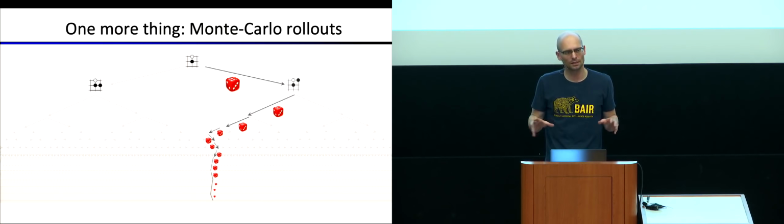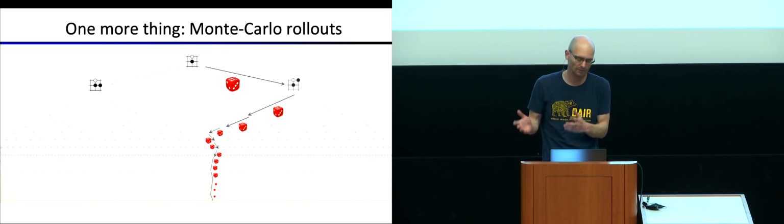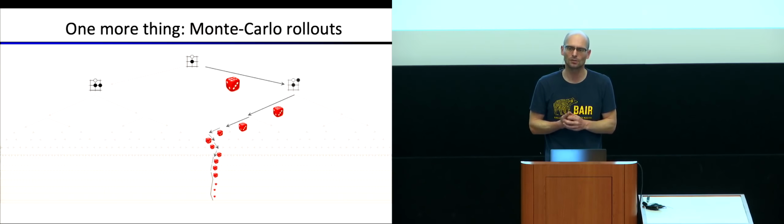If you do random play, it is likely that whoever's in the better position to win will also win in the random play. It's not guaranteed, of course, but they'll typically have a higher win probability. So that means you can self-supervise with pretty poor play. In fact, you can self-supervise with random play to learn who is likely to win from a given situation.